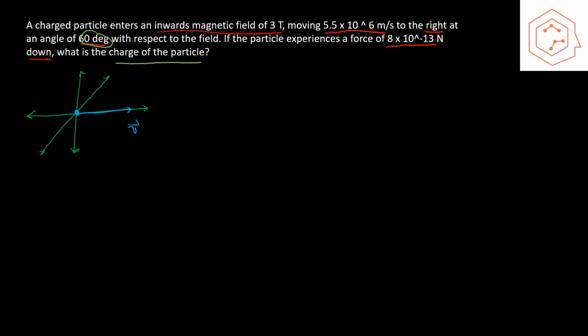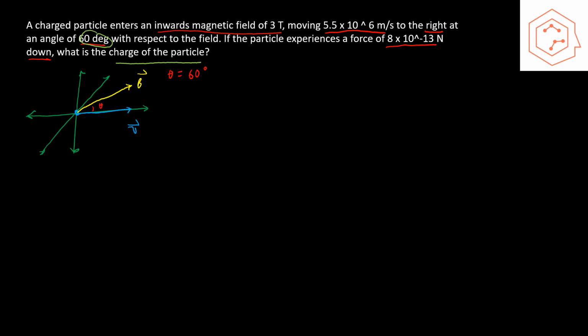If it were directly inwards, perpendicular to the velocity, we'd draw it something like this. But we're told that it's 60 degrees with respect to the velocity, so it has to be closer to the velocity, so we have to decrease the angle. It's going to be something like this, where this is an angle theta, and theta is equal to 60 degrees.